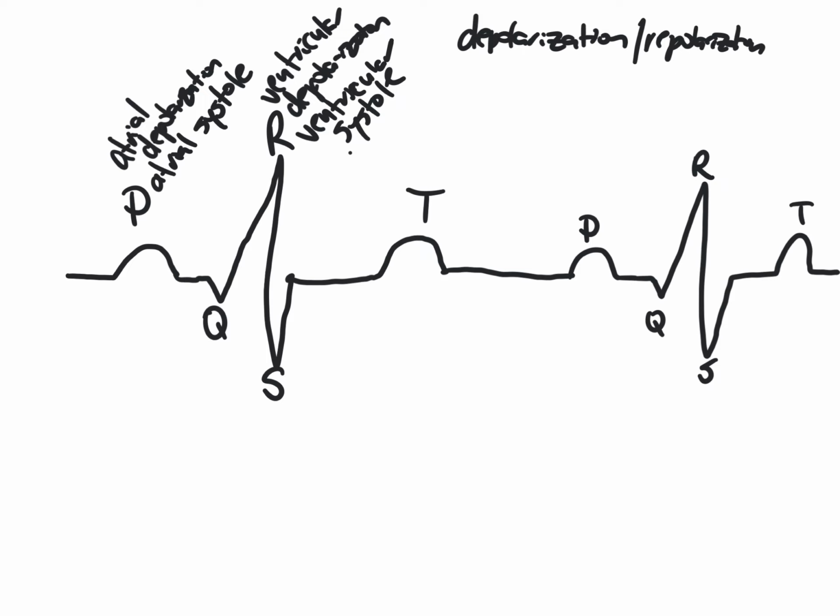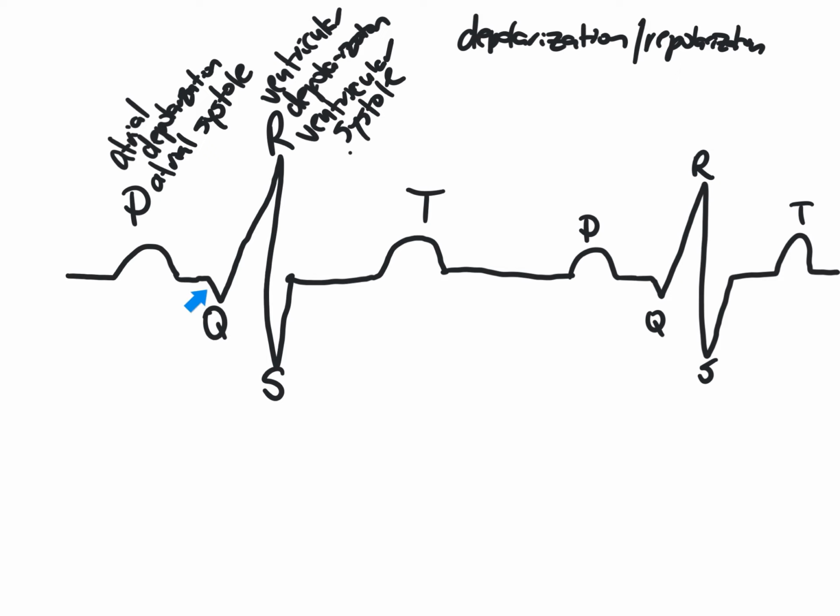The other thing that's happening during this area of the QRS complex is the atria that have depolarized at the P wave are repolarizing during QRS. But because the electrical activity of the ventricles is so much more significant than the atria, due to the size and just the activity of that muscle, it just kind of gets overshadowed on the curve.